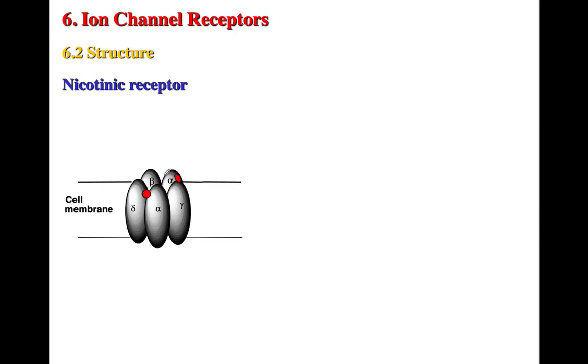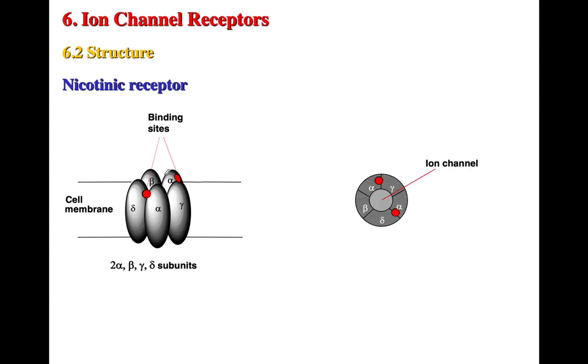Now let's look at the nicotinic receptor. The nicotinic receptor is set up in such a way that you have 2 alpha subunits, 1 beta, 1 gamma, and 1 delta. The binding sites, as you can see, are located right there in the red. And the ion channel: if you were to flip this and have the top of the subunit face you, you'll be able to see down the ion channel.